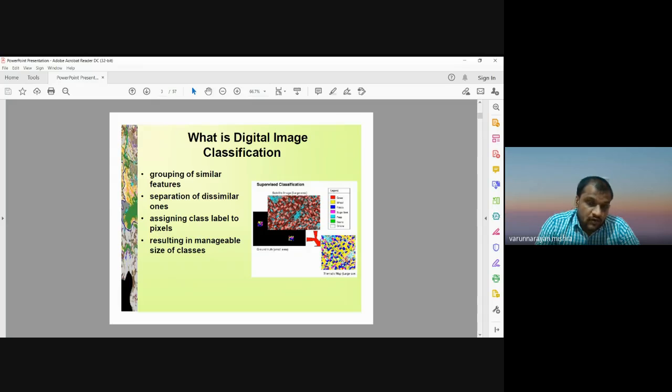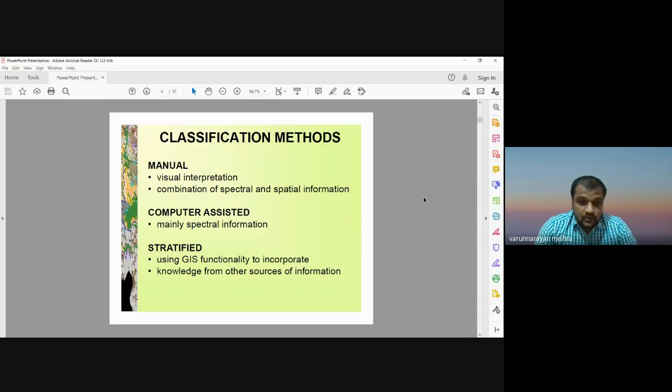We can perform classification mapping for getting information about urban area, non-urban area, any kind of earth surface feature. The classification methods may also be of different types: manual, computer based methods, and stratified. In the manual classification method, we use visual interpretation techniques.